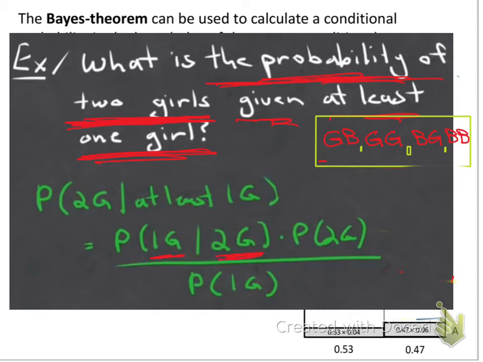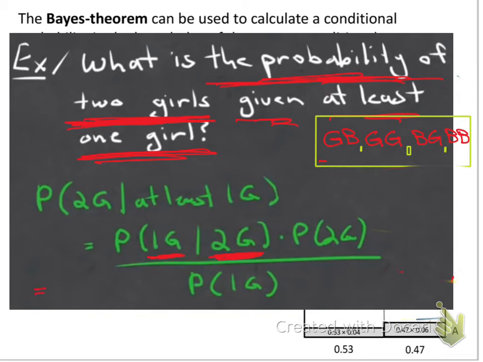If someone told you that you have 2 girls, what is the probability of one of them being a girl? Already there are 2 girls. You already got 2 girls. So here the probability of having 1 girl, given that both of them are girls, is 100%, because they are both already girls. So the probability that one of them is a girl is 100%.